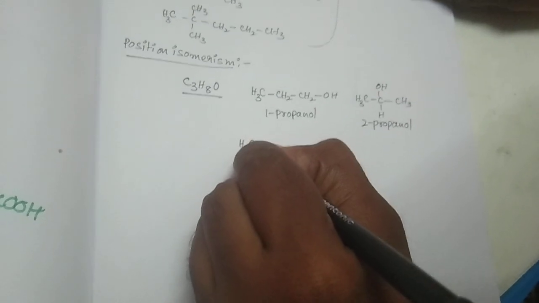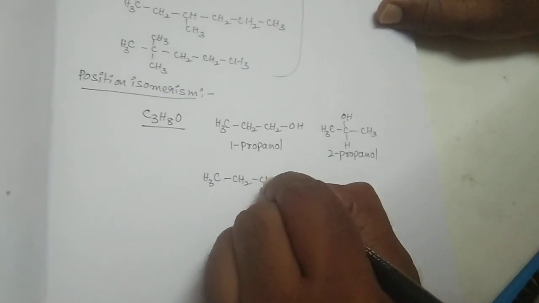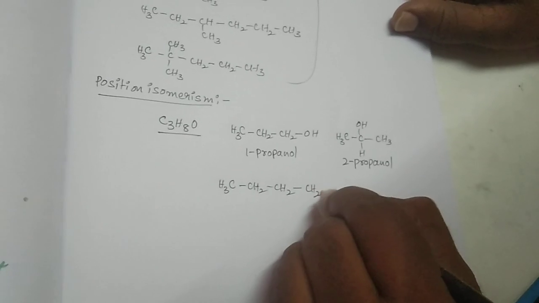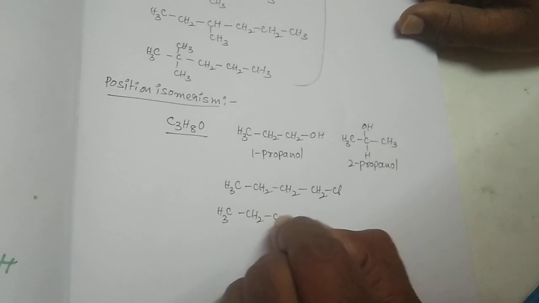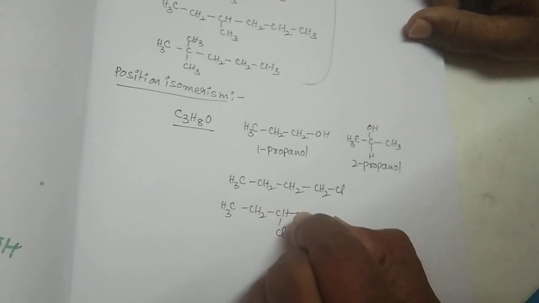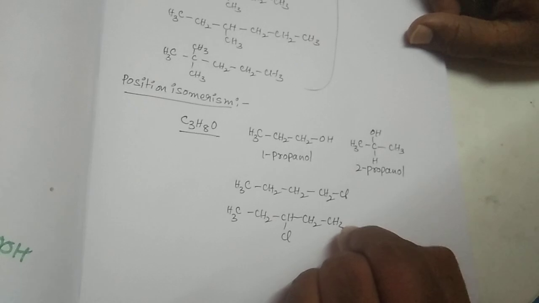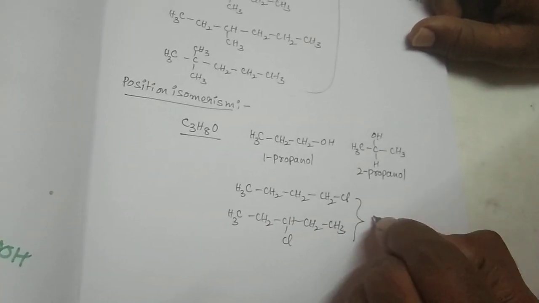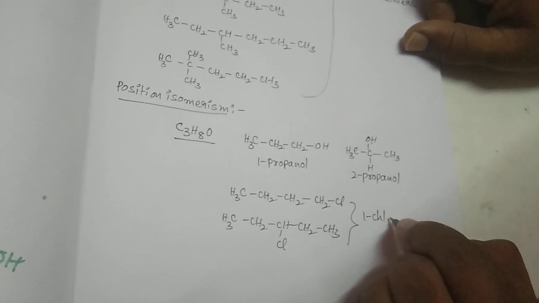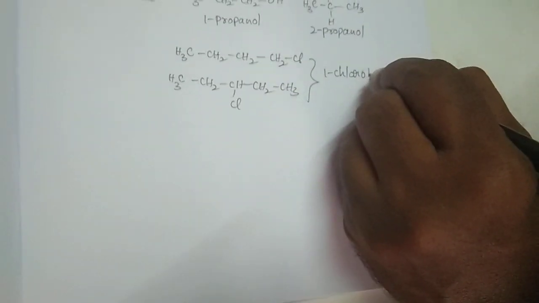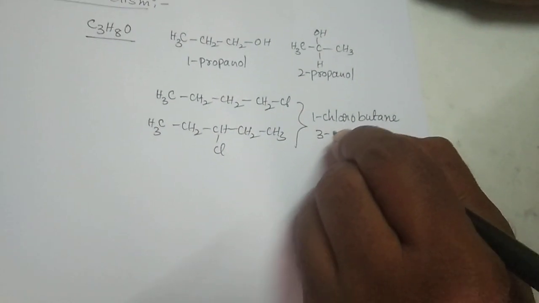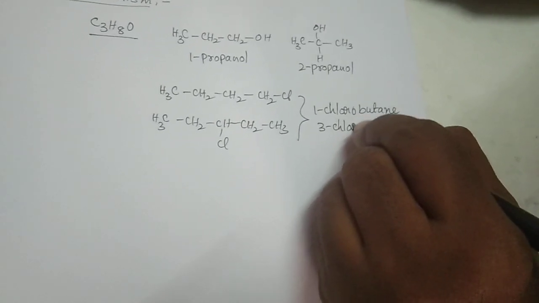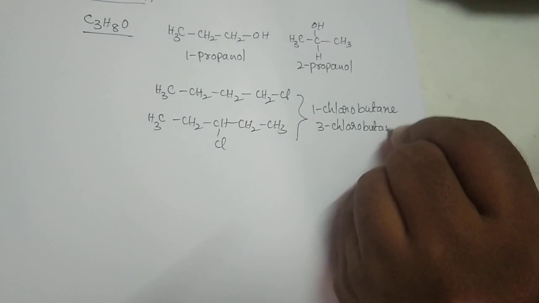Or for example, CH3 CH2 CH2 CH2Cl, and CH3 CH2 CHCl CH3. This is 1-chlorobutane, and this is 2-chlorobutane.